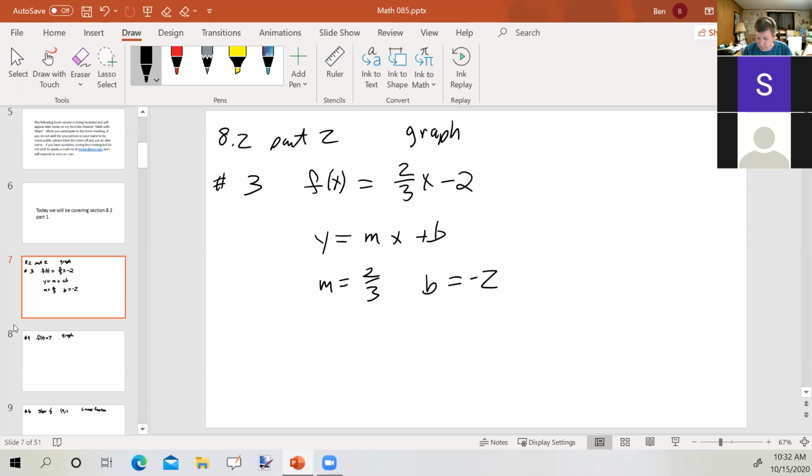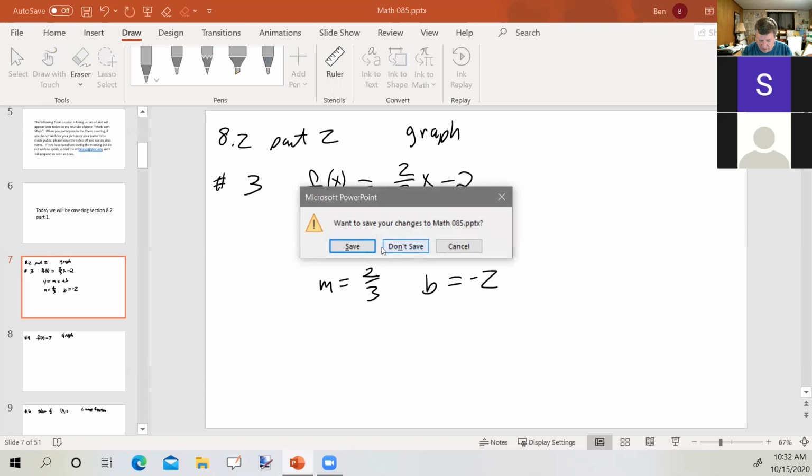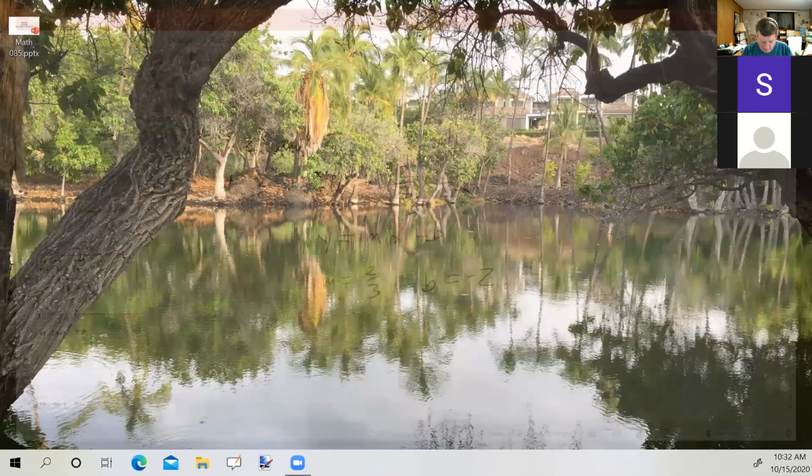Let's see if I can pull this off. I'm going to close that and open this. And if we make a graph like so, and then we plot the point 0, -2, the y-intercept, and then we're going to go up 2 and over 3, up 2 and over 3, up 2 and over 3.